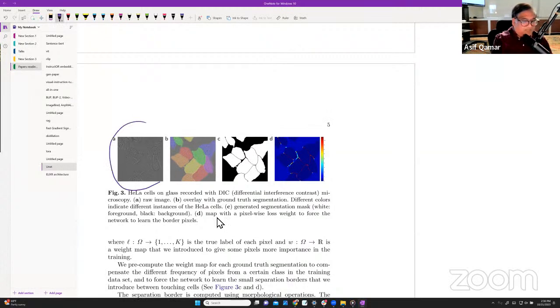Look at A. This is an image. It's called a differential interference contrast microscopy image. Basically, different tissue structures will have different contrast. When you look at this image, it's a little hard to tell what is what, isn't it? But when you look at B, somebody has gone and segmented the cells. They said, okay, this is one cell, this is another.